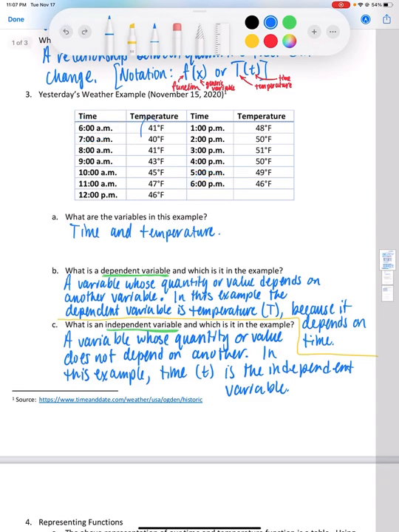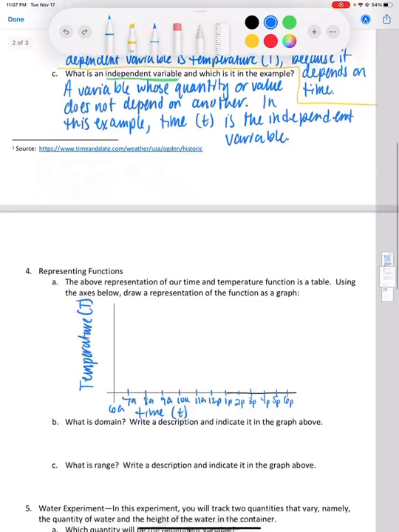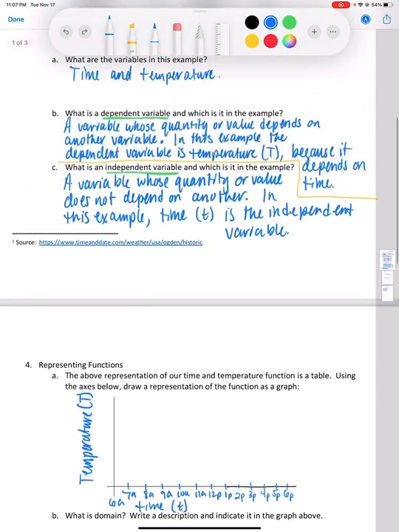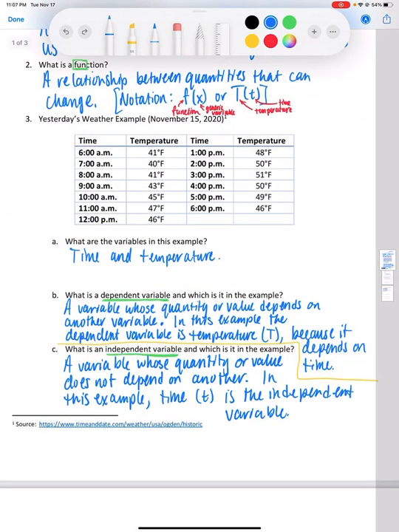But our temperatures go from, well, the smallest temperature is going to be 40 degrees, and the highest temperature is going to be 51 degrees. That's the range that we need to put on the y, or the vertical axis. So 40 to 51 is where we need to go.